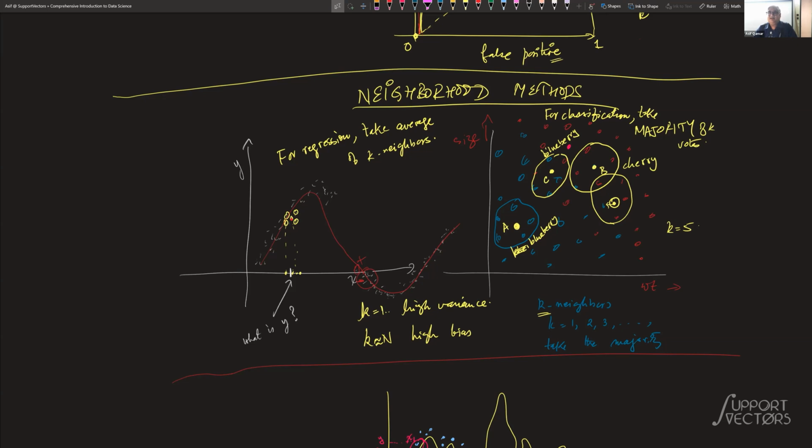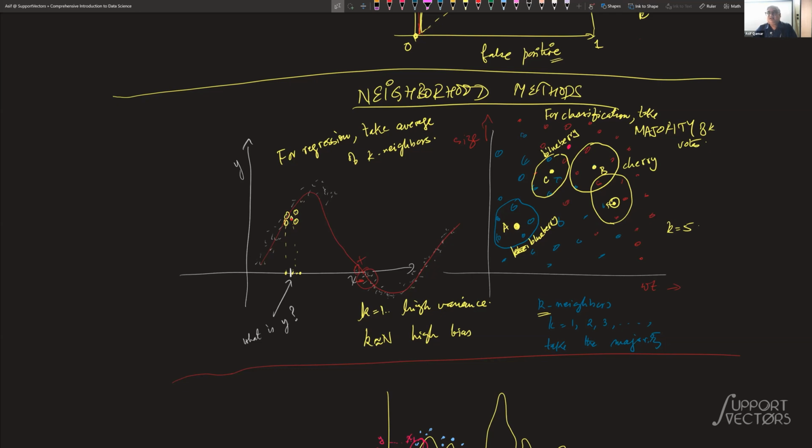You have to not only train the parameters of the model, if you have parameters, but also worry about the hyperparameters. In neighborhood methods, there isn't much training to do. It's a form of instance-based learning in which you just hold the instances of data in memory, and when you have to make a prediction for a point in the feature space, you find the k nearest neighbors and use that to make a decision.